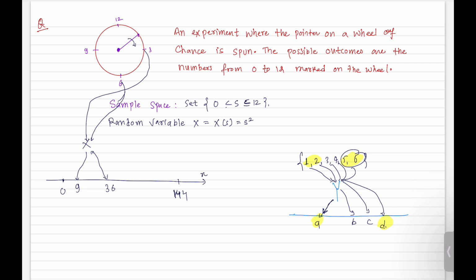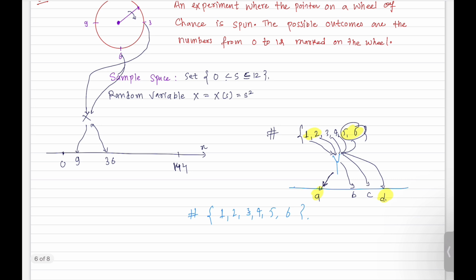Now in an extreme case, we can even say that we did an experiment, and let's call this experiment that we are rolling a die. Again, what will be the possible outcomes? That will be 1, 2, 3, 4, 5, 6. And let's say we have our random variable z, right? So in an extreme case, what could happen? It can also be that all these outcomes get mapped to one point, let's say maybe at 2.